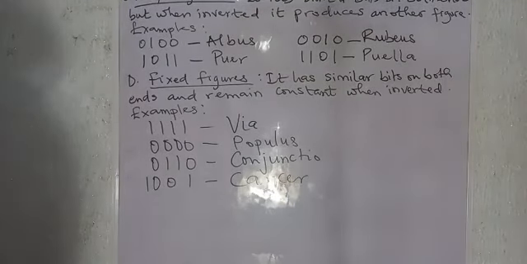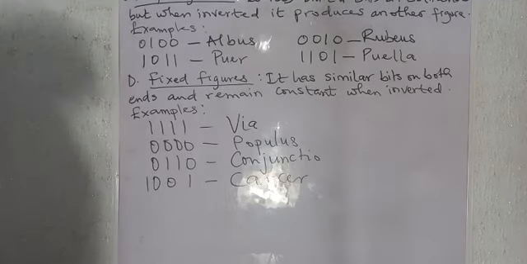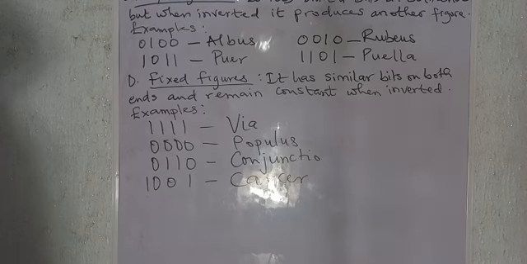Now another classification for figures. There are some figures that are called the audible and mute figures.